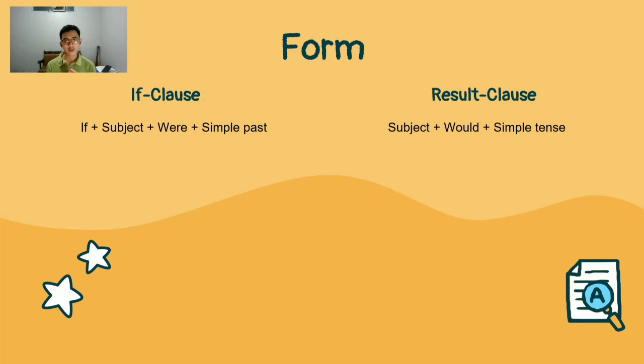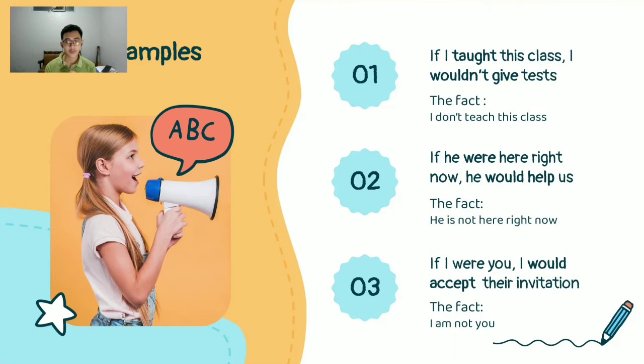Okay, next I will explain about another form of type 2 conditional sentence. We have two clauses. The first is the if clause, the second is the result clause. In the if clause, the form is if plus subject plus verb in simple past. But if we pay attention to number three, we can see I followed by were.